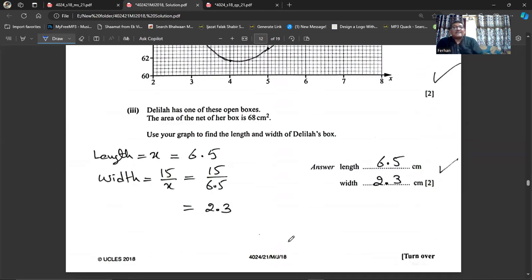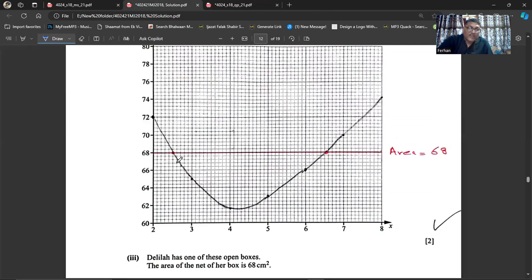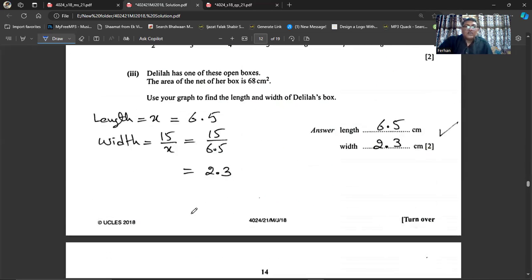If the length is x, and I take the length as 6.5, then the width will be 15 by x, which is 15 by 6.5, and that is 2.3. So the length is 6.5 and the width is 2.3. You can also take the other value, but I have taken this value. If you take the other value, you will get the same answers.